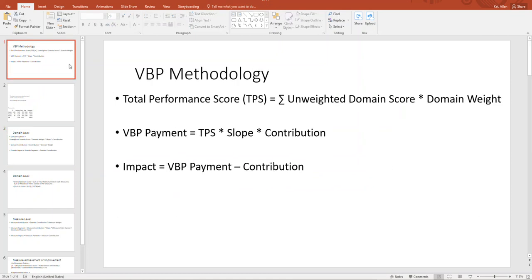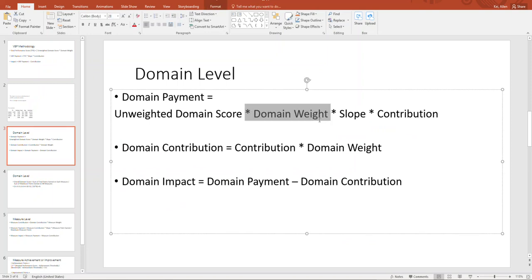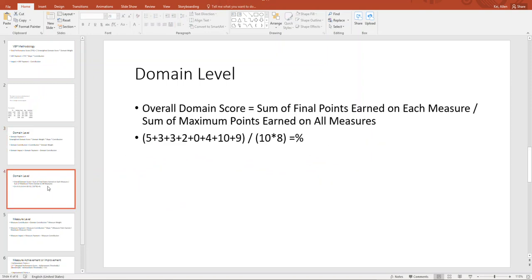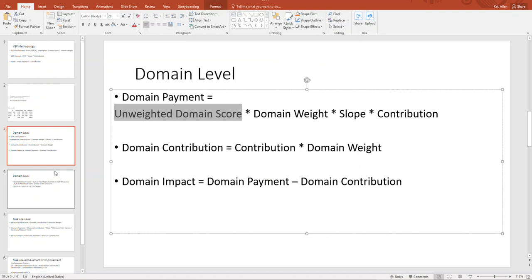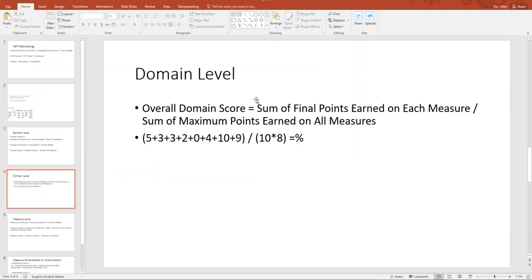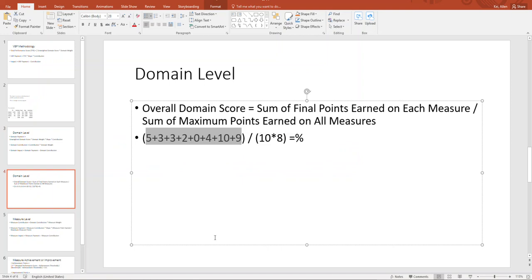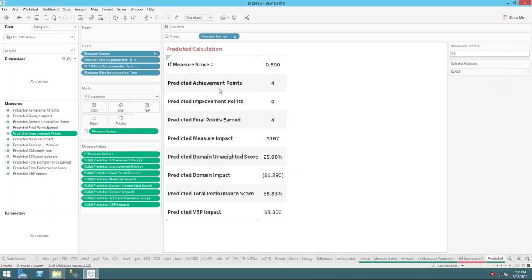Which is very similar to the overall. You just multiply by the domain weight to break down into the domain level. And the unweighted domain score is calculated here. So for example, in this domain, there are 8 measures, and these are the scores that you calculated for each one. So this is the final points.